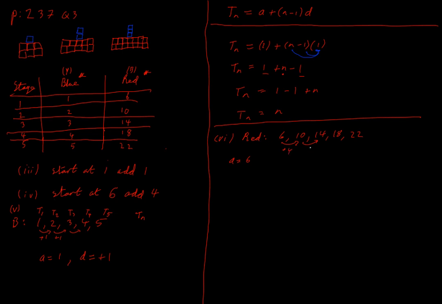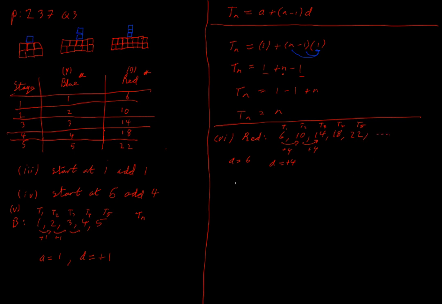So I'm adding 4 each time, so my difference is plus 4. And I want to know what my general relationship is between the terms and the numbers in my list. So this is the first term, the second term, the third term, the fourth term, and the fifth term. And this pattern would keep going.